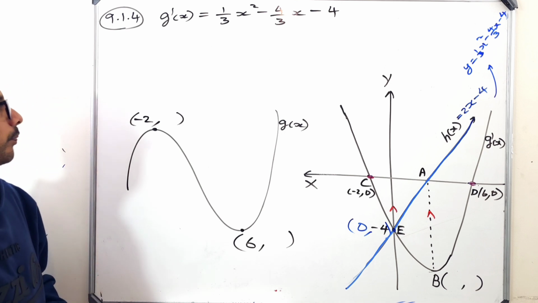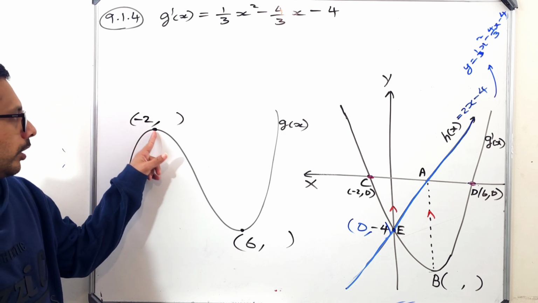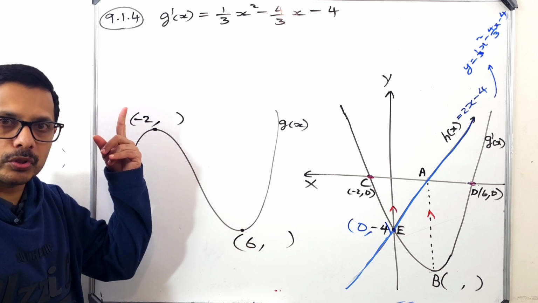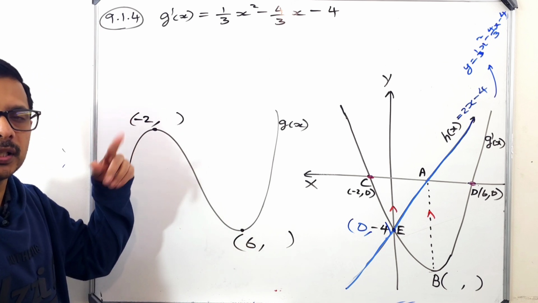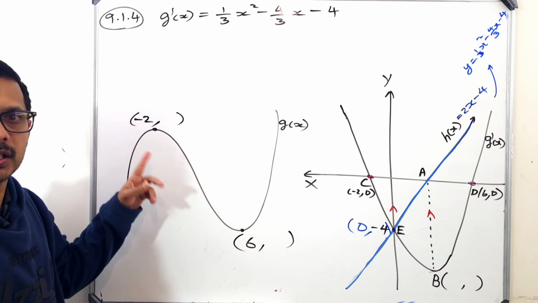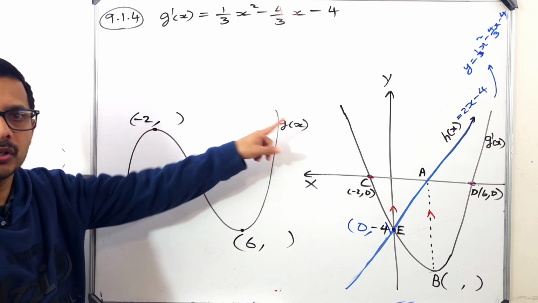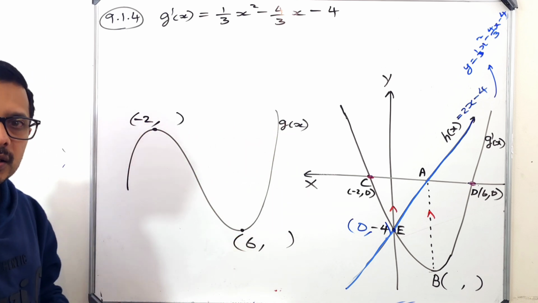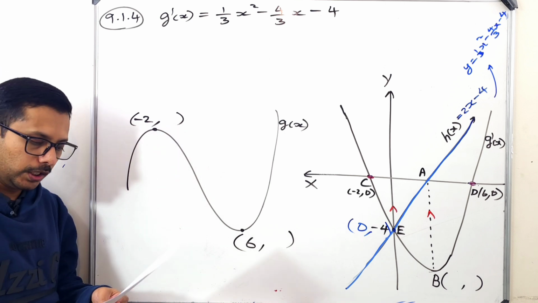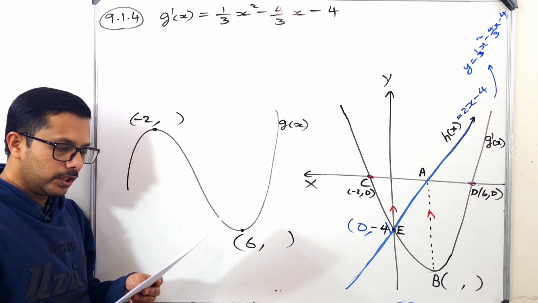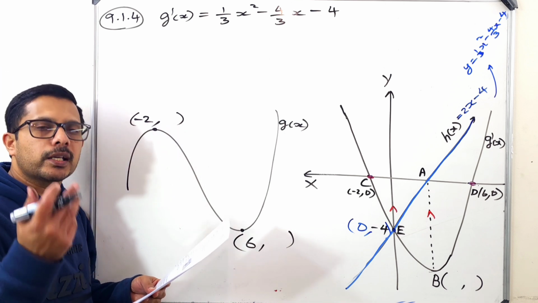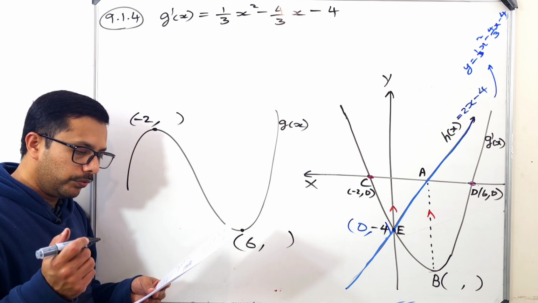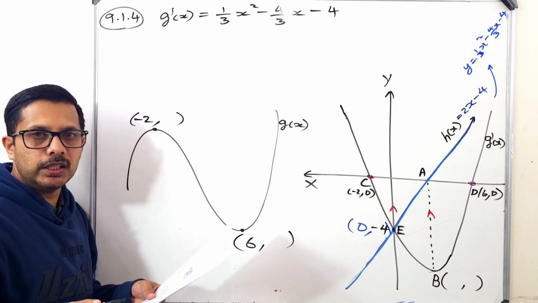This is the previous question, the x coordinates of the turning points of the g of x graph. So what are the answers we got? -2 and 6. Now what is this question? 9.1.4. Write down the x coordinate of the point of inflection of the graph of g.